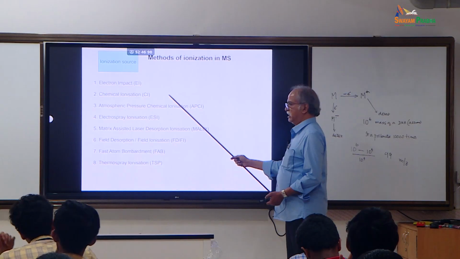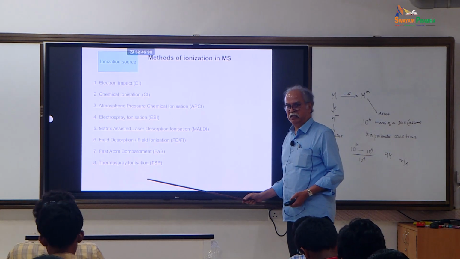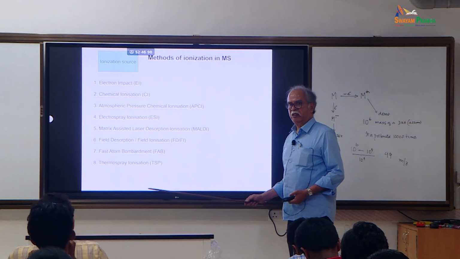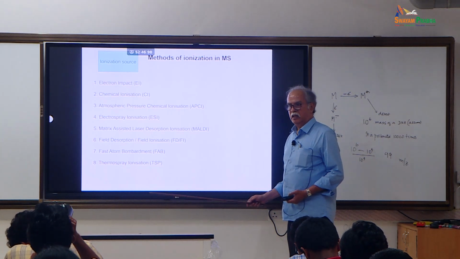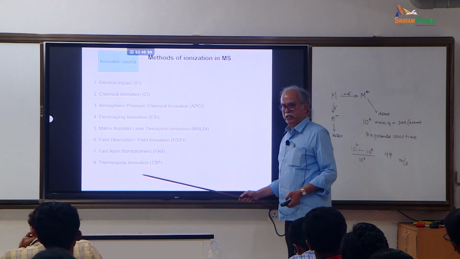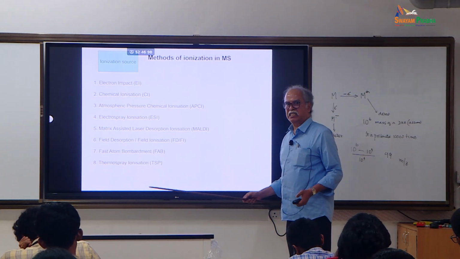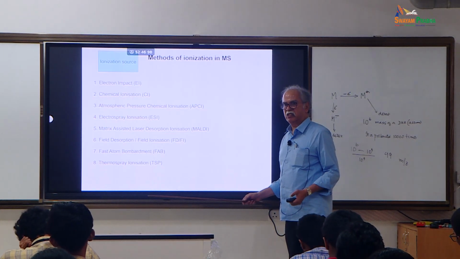Electron impact ionization mass spectrometry is the most commonly employed mass spectrometry when I was a student. Now it is out of fashion actually. Chemical ionization mass spectrometry: you use a gas along with the sample. The gas is ionized and then it is transferred to the sample.